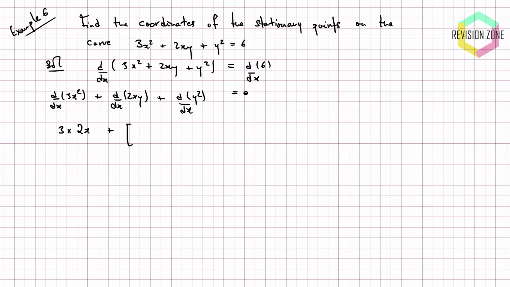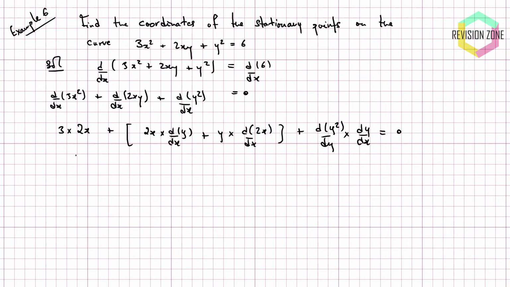I write down the first part and I differentiate with respect to x the second part. I write down the second part and I differentiate with respect to x the first part. So that's the product rule applied. And then the last term on the left, I've got to differentiate y squared with respect to x. Well, I can just do that by differentiating y squared with respect to y, and then just multiplying by dy by dx. And then the right-hand side we know is already 0.